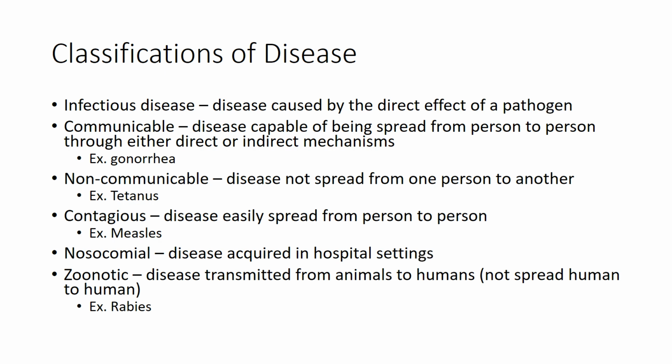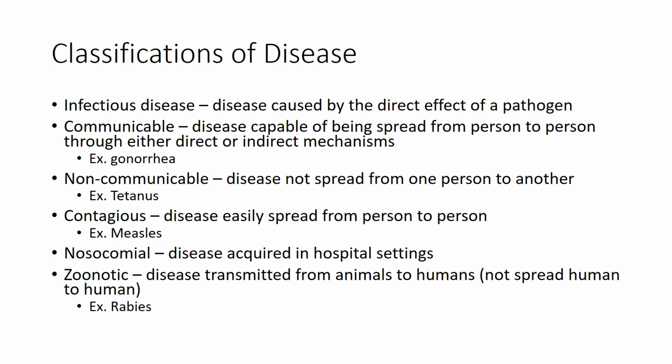But communicable means one person has it and can give it to someone else. So a great example of that would be something like gonorrhea. That's sexually transmitted. So in order to transmit that disease, one person has to touch the other. So it's communicable. You only get it from someone else. You can't get gonorrhea from the dirt or drinking contaminated water or anything like that.